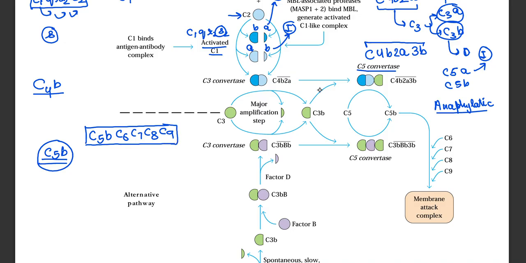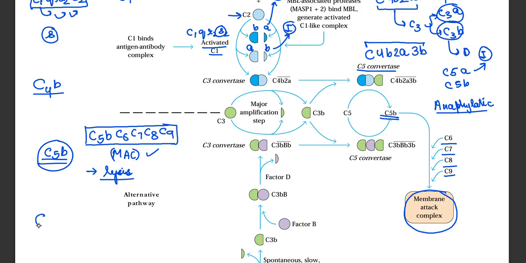Remember, these are not attaching themselves to this. There is a different thing. The C5B attaches with C6, C7, C8, C9 to form the membrane attacking complex, popularly called MAC. This MAC is the one which is responsible for actual lysis. The bacterial lysis is caused by this membrane attacking complex, which is formed by C5B, C6, C7, C8, C9.